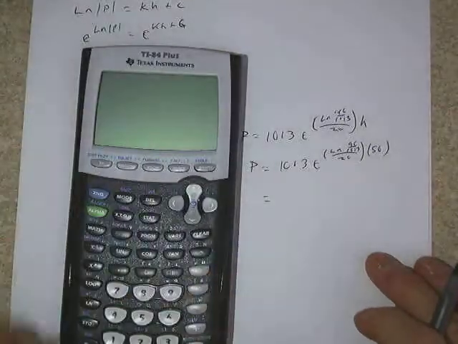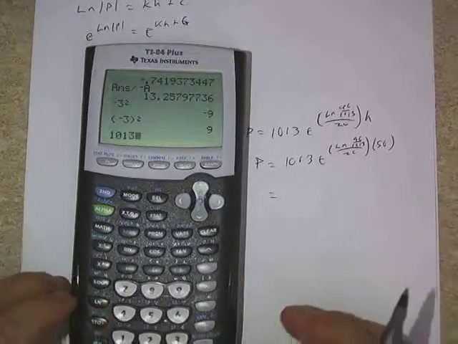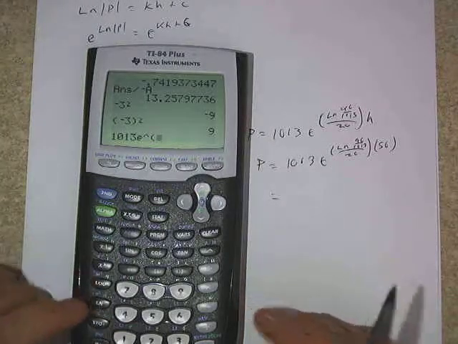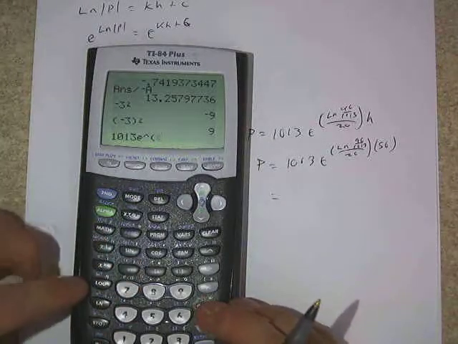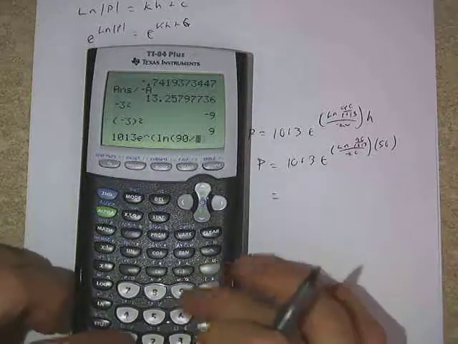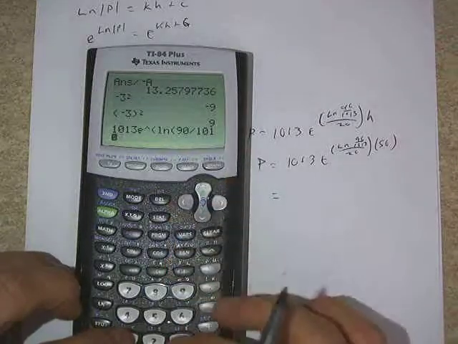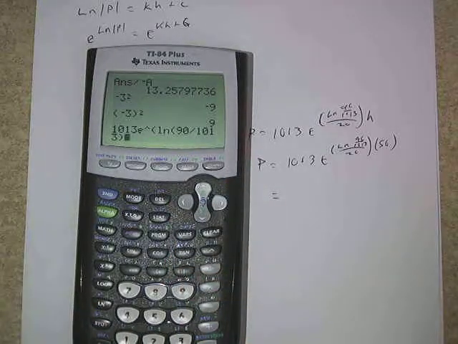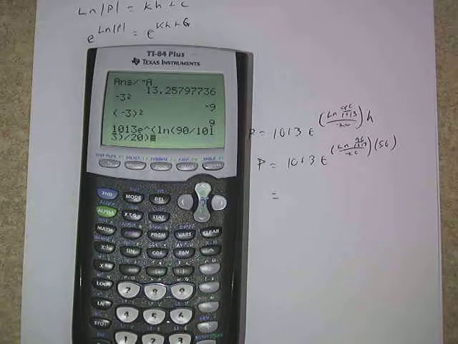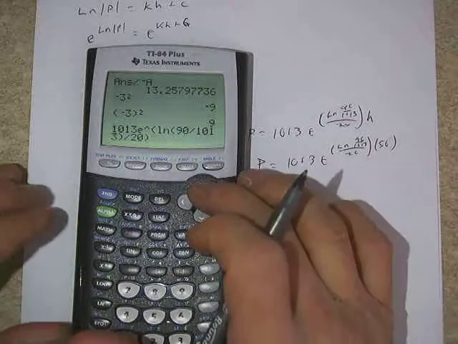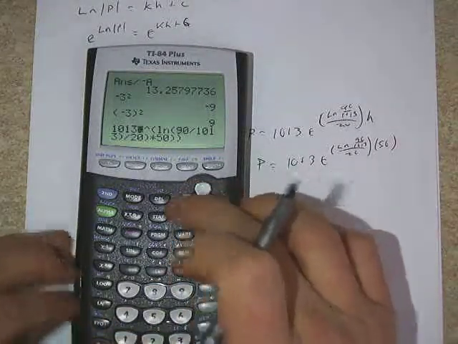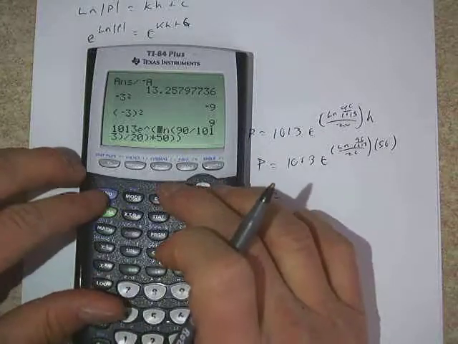Well, if I plug in my 50 for h, just calculate a problem. So if we do our 1,013 and our e to the ln 90 divided by 1,013 and just divided by 20, the whole thing.